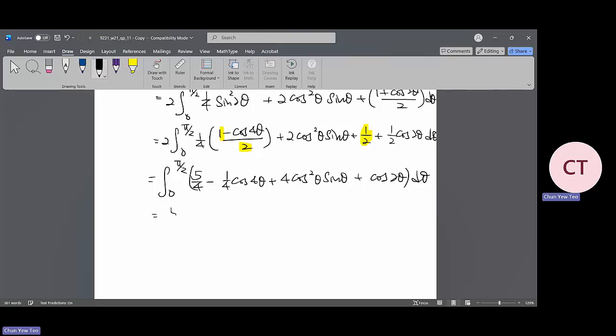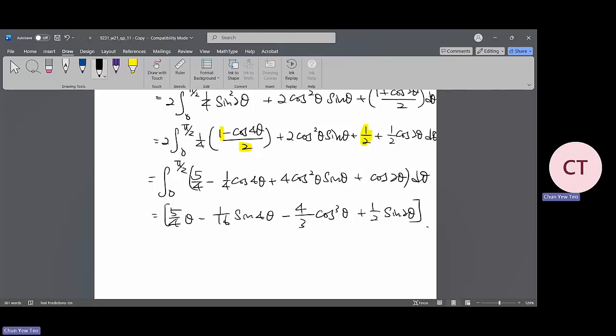You will get this one as 5 over 4 theta minus 1 over 16 sine 4 theta. This one will give you 4 over 3 cos cube theta, but you need to put a negative because differentiate cos, you're supposed to get a negative sign. So this one is a half sine 2 theta.